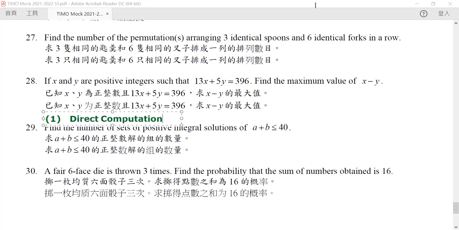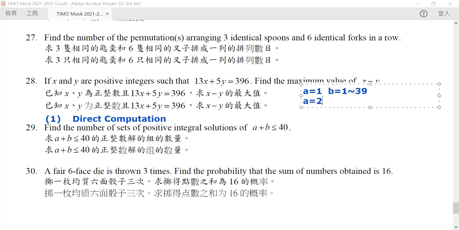Now again, this doesn't take much time. So we can say that if A is equal to 1, B must be from 1 up until 39. So how many different choices are there? 39, right? How about if our A is equal to 2?